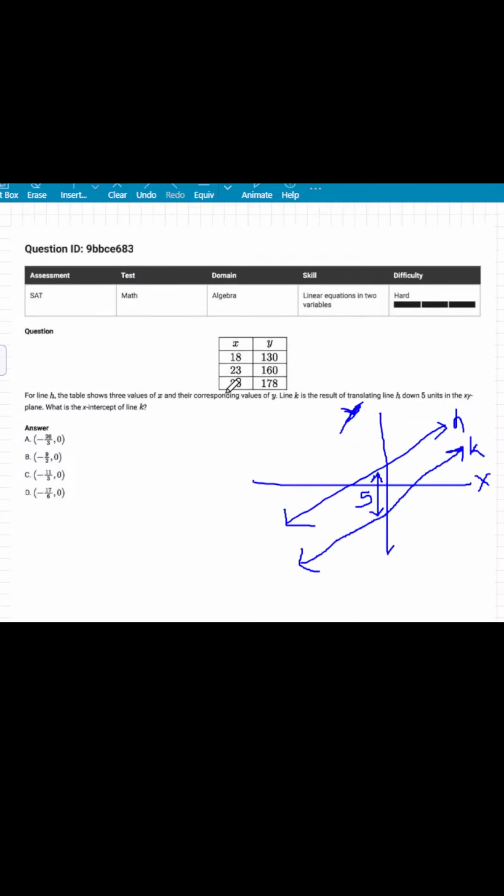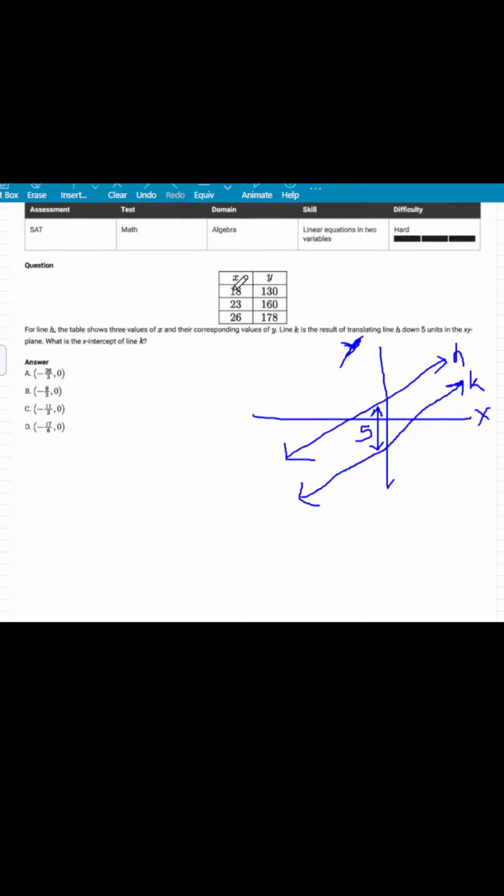So first, from the given points, let us find the equation for this line H, and then we can find the corresponding one for line K and get the x-intercept. For line H, we have these points, so we can use the slope and point form. Let us find the slope here. So m is equal to the change in y coordinates by change in x coordinates, and then we can take any of these points.